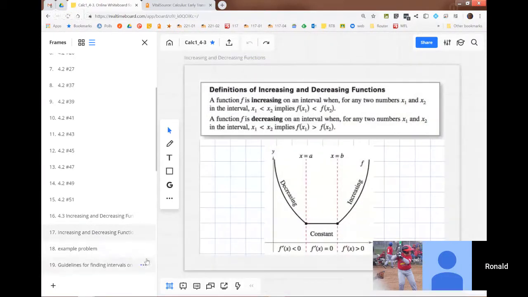When the slope of the tangent line is negative, the function is decreasing. When the slope is constant, the function's not going up or down, it's constant. And when it's positive, it's increasing. It's as simple as that.